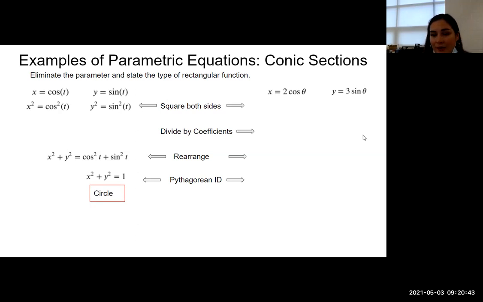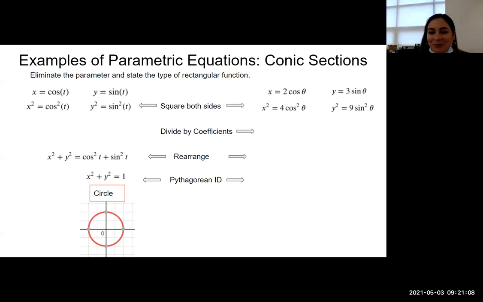On the right, now we'll move to this one. We have x equals 2 cosine of theta, and then y equals 3 sine of theta. Now, these coefficients are different. So we're still going to square both sides. Oh, I had a little graph of that circle for you. Okay, so we're still going to square both sides, just like we did in the circle example. So that'll leave us with x squared equals 4 cosine squared of theta, and then y squared equals 9 sine squared of theta.